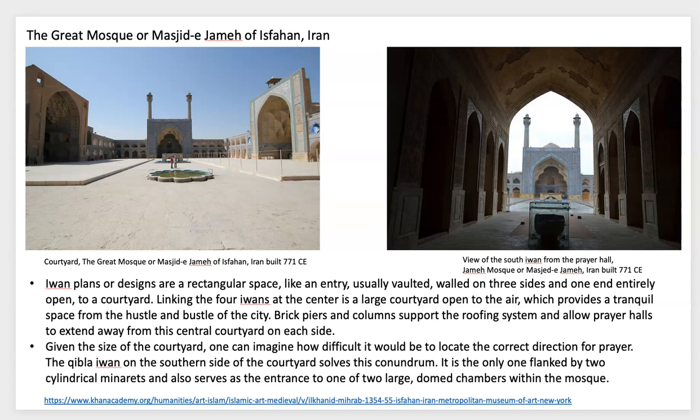So in this particular mosque, we have the iwan plan, which is a rectangular space, like an entry with these vaulted ceilings, and then into this huge courtyard that would be used for people to gather, to be able to discuss, learn, educate, all these different things that would be happening in this large courtyard.